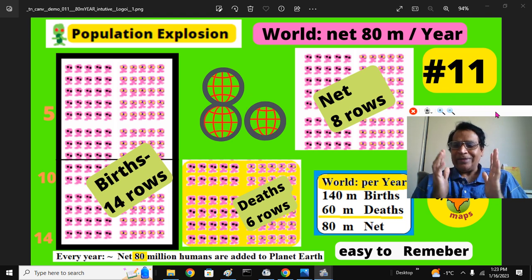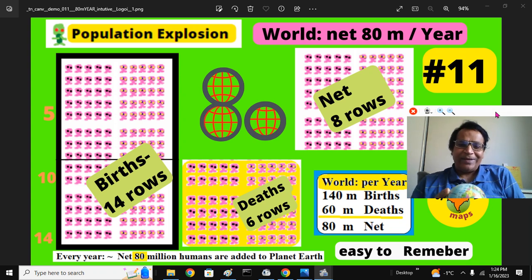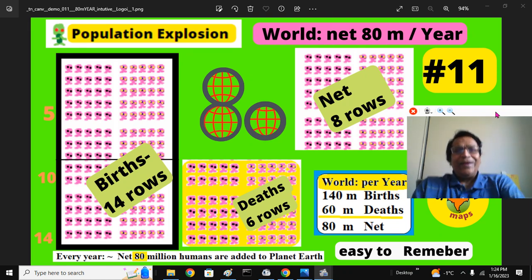Human demography is the key. Understanding humans is very important, especially their numbers. We have only one livable planet Earth, the Bhumata, Sri Devi, the consort of Lord Vishnu.